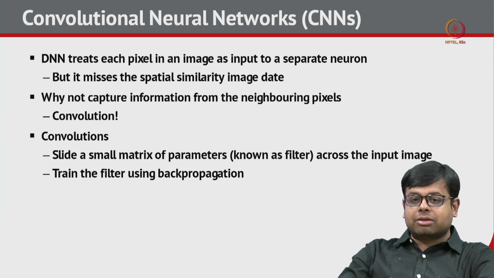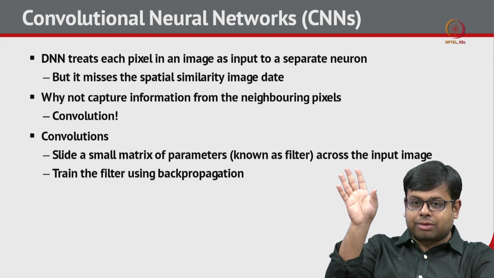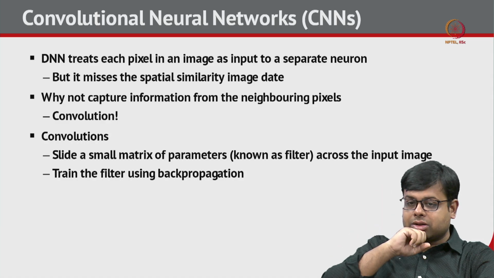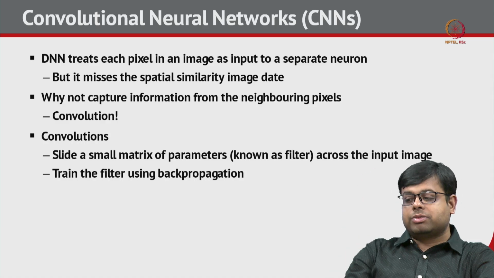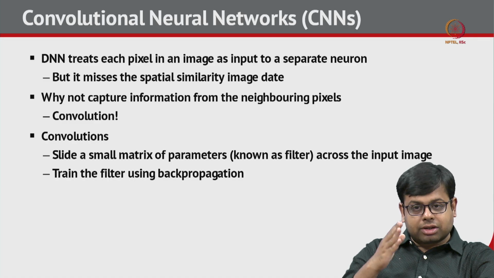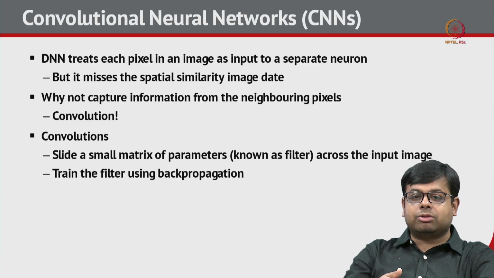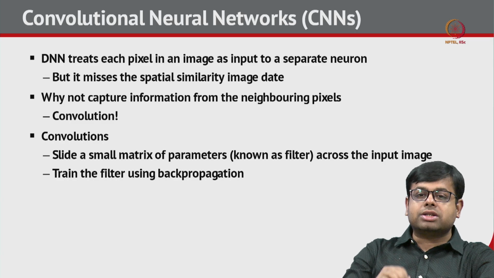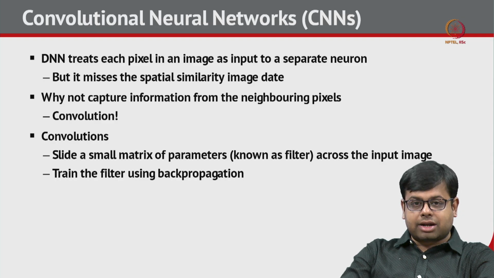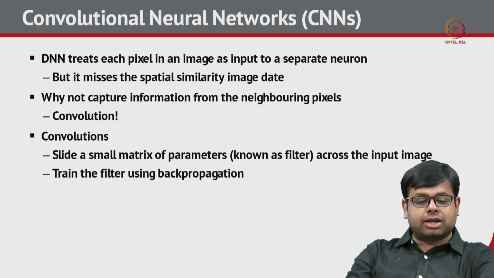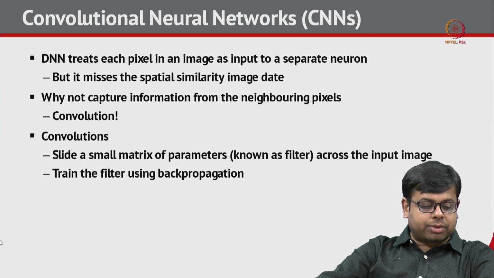We analyze it patch by patch, because we see the neighborhood pixels, and that eventually forms the entire image. So the convolution operation helps to capture information from the neighborhood pixels. In convolution, we slide a small matrix of parameters known as a filter across the image, and these filters are trainable weights, so they are trained using backpropagation.